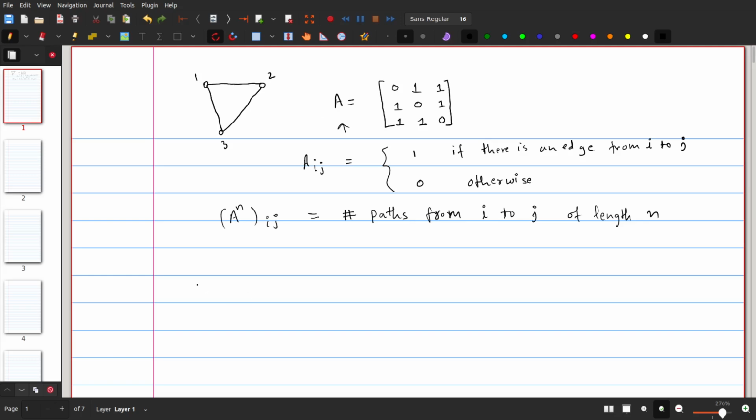Let us look at the second power of A. If we consider the second power of A, then we have this matrix multiplied with itself.